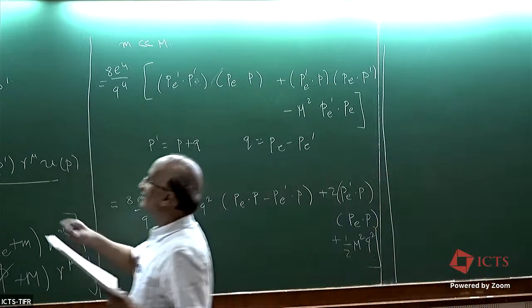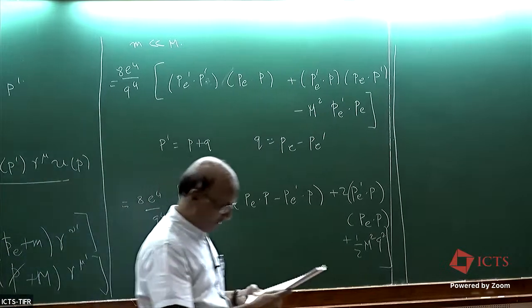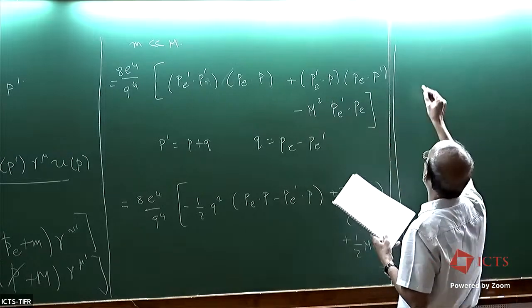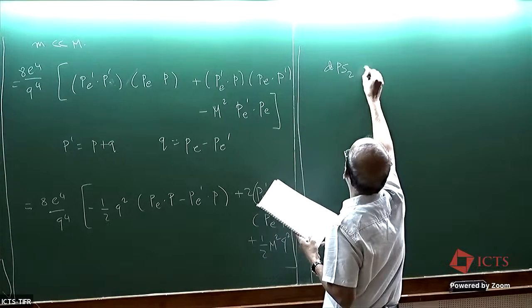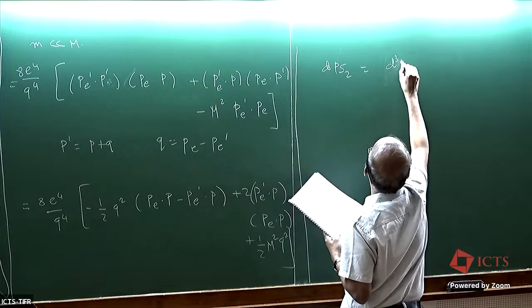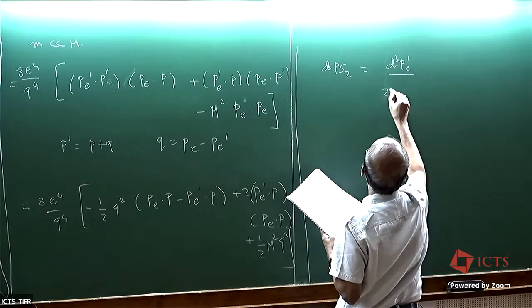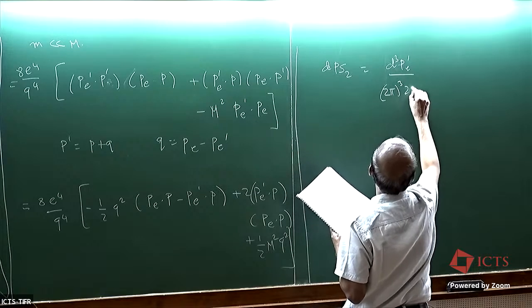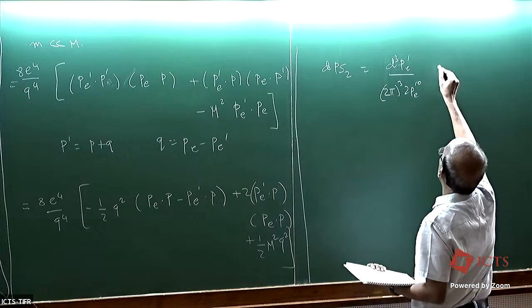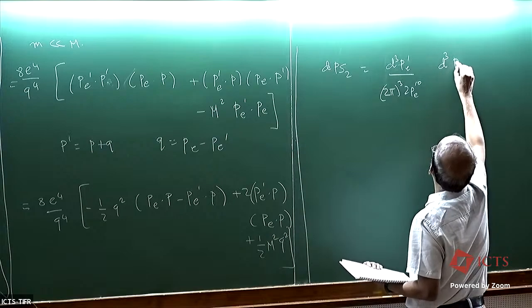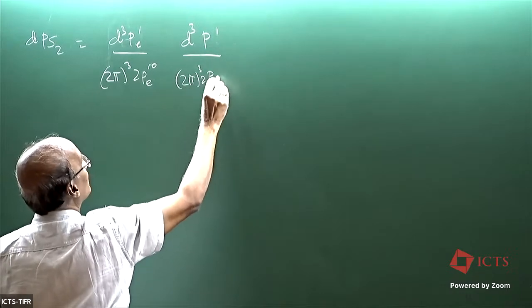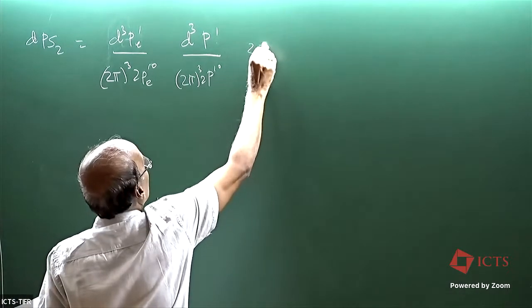Now the phase space part is simply this, because it's a two particle final state. So you have two phase space measures, one is d cubed p prime over 2 E prime. These are two invariant measures, divided by the zeroth component. This is for the lepton, and this is for the proton.